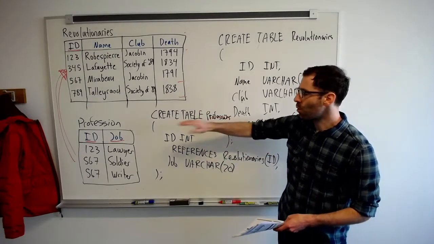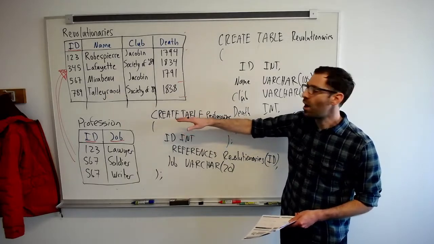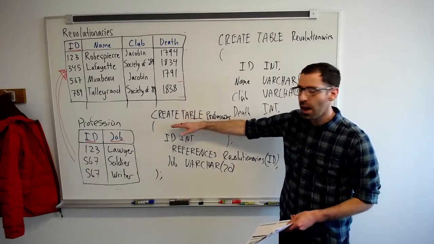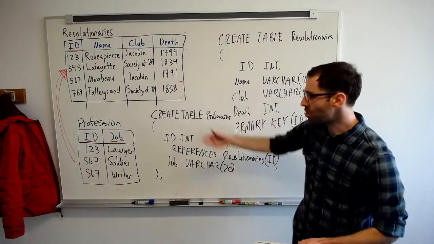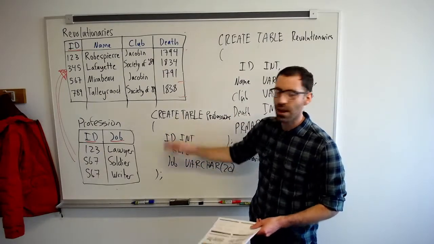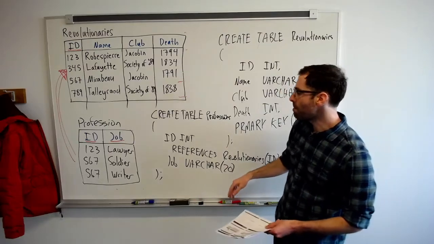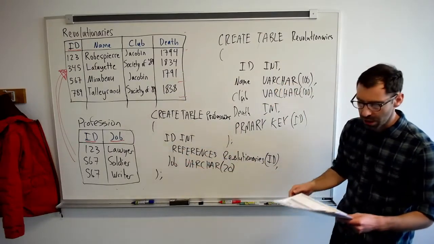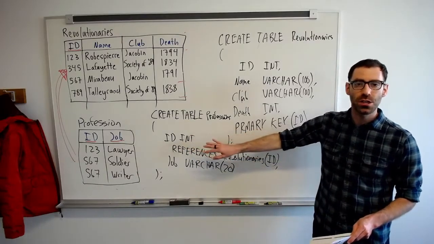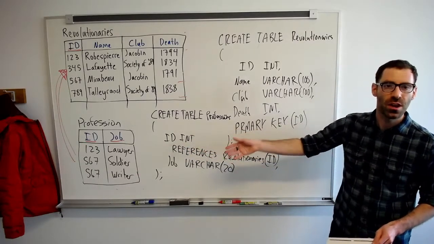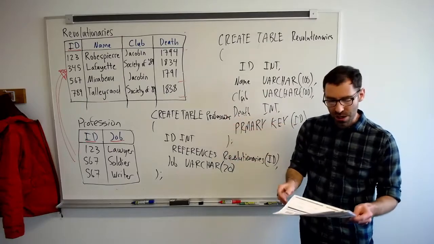It could create an invisible new attribute that is an automatic counter that just serves as a guaranteed unique key for the tuples here. Or maybe it would give an error and say, you didn't tell me what the primary key was. This is not a valid way to create a table.